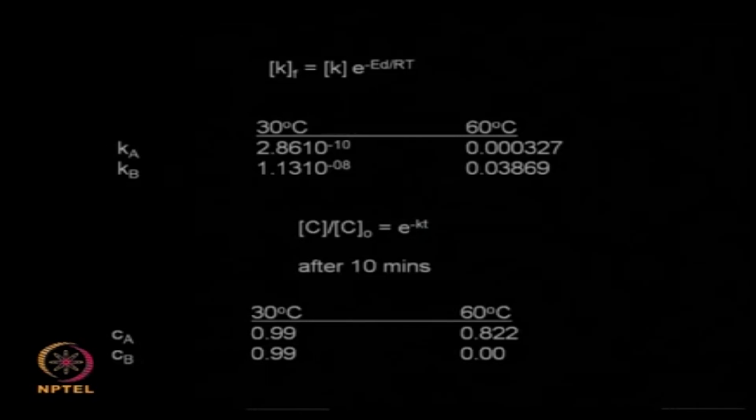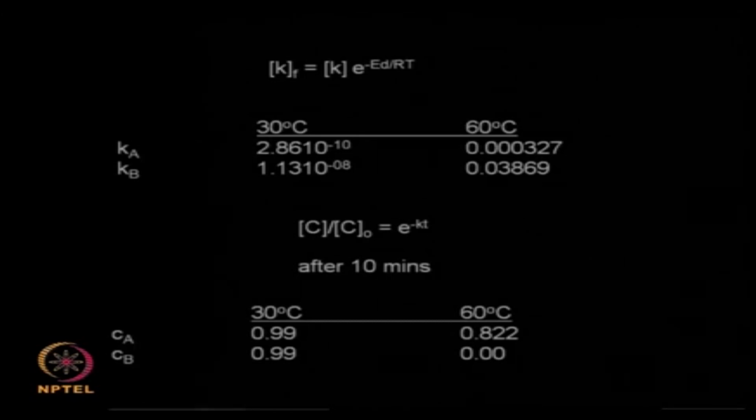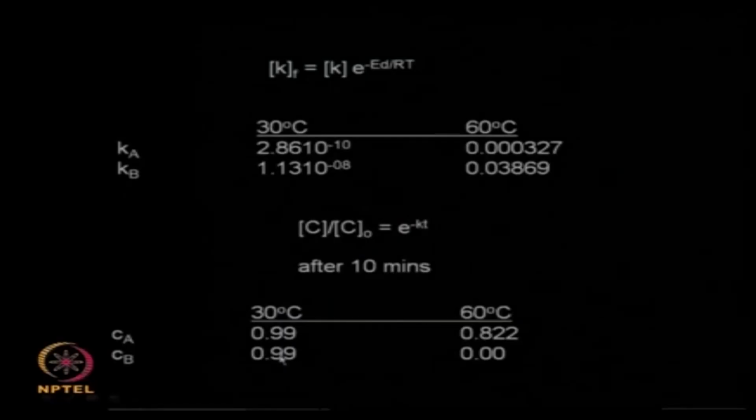So moving from 30 to 60 degrees, a dramatic difference has been seen on lipase 2 when compared to lipase 1. Lipase 1 has lost activity from 0.99 to 0.82, whereas lipase 2 has lost activity from 0.99 to almost 0. So it is all because of the Arrhenius type of behavior for the deactivation of the lipases.